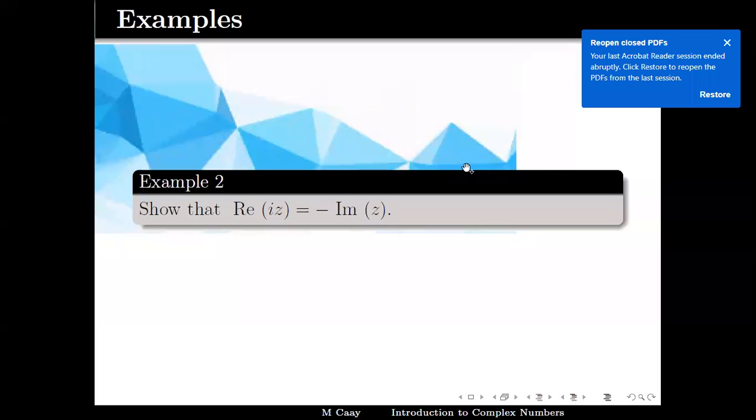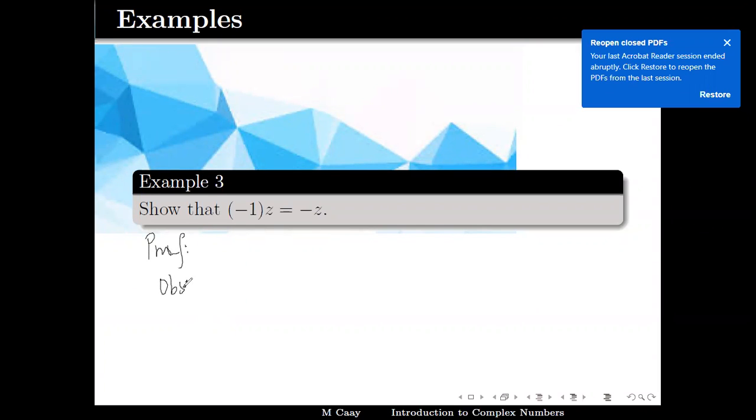Okay, let's consider another example. Show that -1 times z is equal to negative z. So let's prove that.